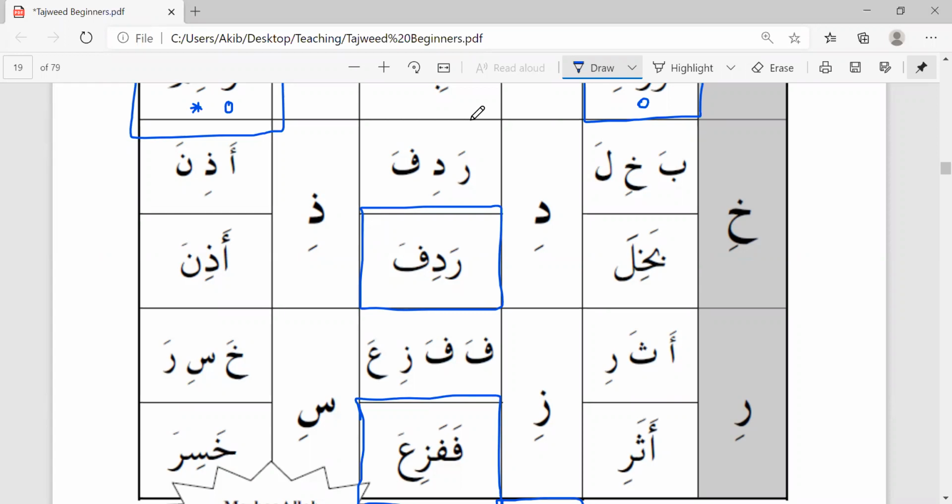They make an a instead of saying e, and that's incorrect. Make sure your kasra is a clear e sound. So with this word, instead of saying radifa, they might say it slightly differently. It's a very subtle difference, but one you want to avoid because it's not going to sound nice when you read the Quran like that.